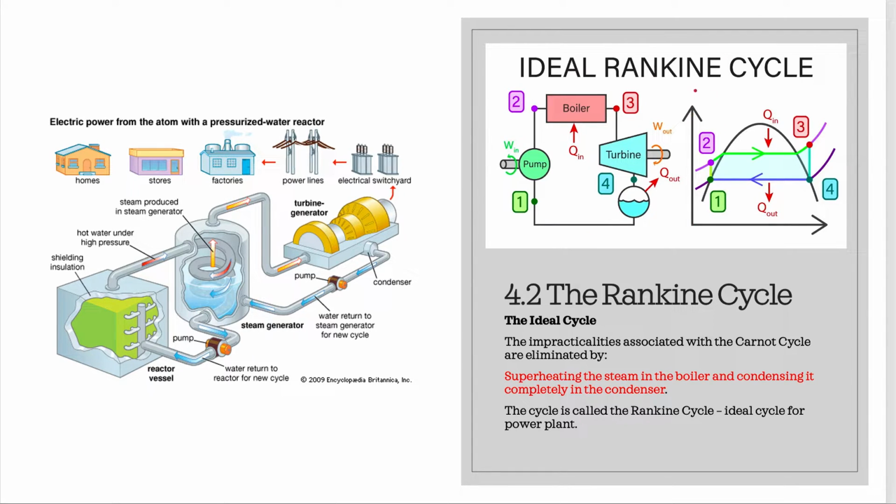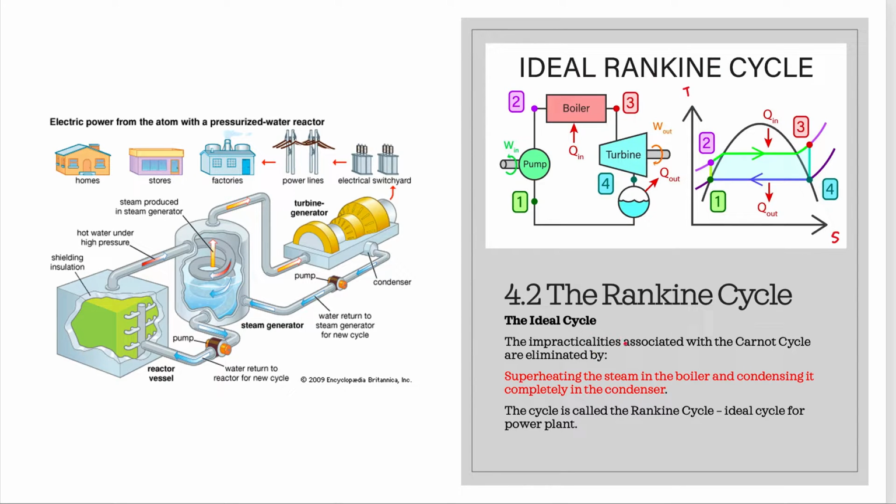So we rearrange the TS diagram, and we have this cycle. 1 to 2 is adiabatic compression. 2 to 3 is heat addition. 3 to 4 is expansion in turbine. 4 to 1 is heat rejection.